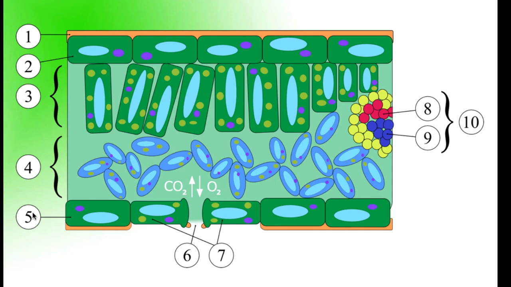What is number five? Lower epidermis. Good. What is number six? The hole, the opening. Stoma. What is number seven? Guard cells. Eight, xylem. Nine, phloem. Ten, xylem and phloem together make the vascular bundle.